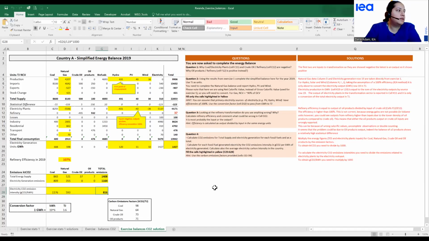So that was the exercise on energy balances and CO2 emissions. I hope that this small practical exercise has helped you understand some of the concepts related to energy balances and CO2 emissions. Again, I reiterate myself here, please try to work out these exercises by yourself.